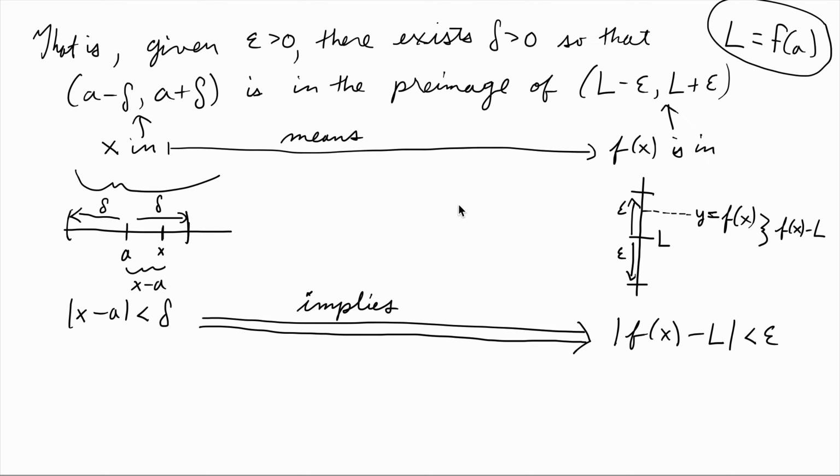So continuing onward, with the point that L is f of a, I'm going to think, okay, given epsilon greater than 0, namely given some codomain fuzz, we want to show that there's some domain fuzz, some delta greater than 0, some distance there, so that here's our interval on the x-axis, but all the domain points in this fuzz, we want them to actually come up and have an image in the fuzz in the codomain.